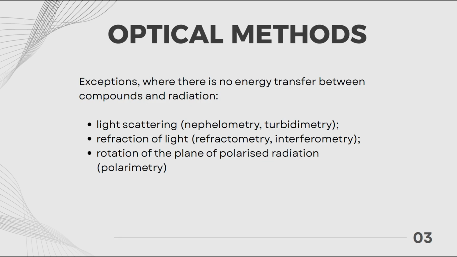And finally, the third interaction of light with a compound is the rotation of the plane of polarized radiation, polarimetry. You have probably heard about sunglasses with polar filters; it is exactly the same. Polarization is changing the direction of light, and some compounds may change the plane of polarized radiation, and you may follow this.